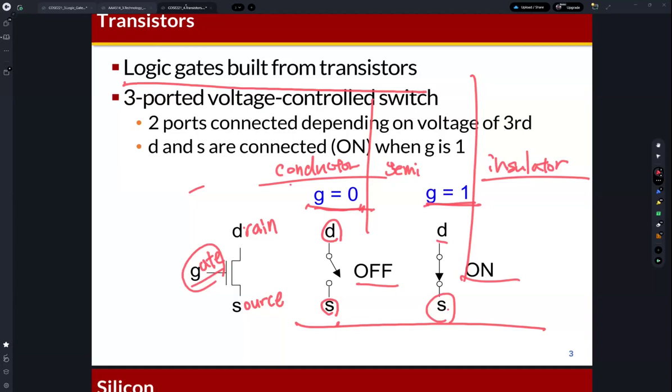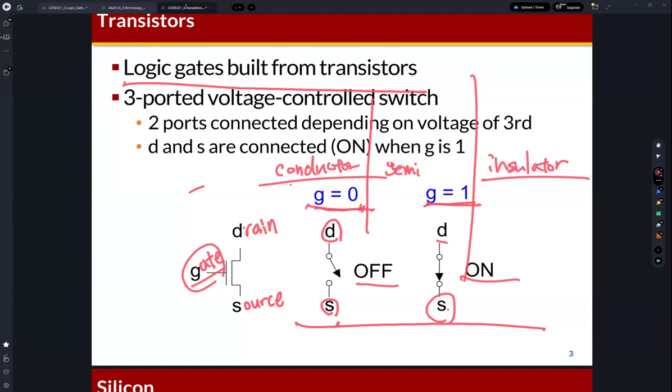Based on some situation, the semiconductor can work like a conductor or like an insulator. That's why it's called a semiconductor.